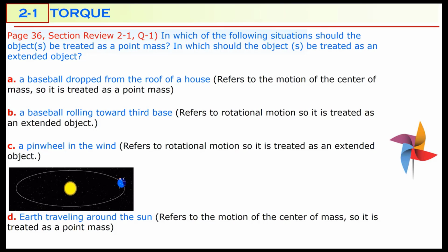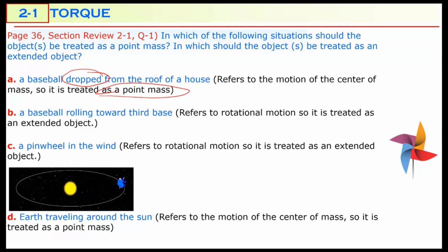The first sentence: a baseball dropped from the roof of a house. When you drop the baseball, this word is talking about it moving in translational motion. It's referring to the motion of the center of mass. So a baseball dropped from the roof of a house must be treated as a point mass.